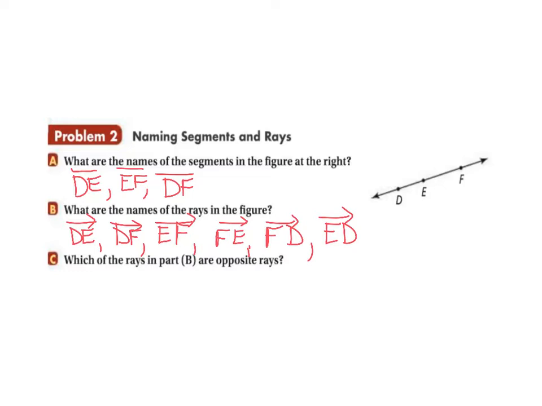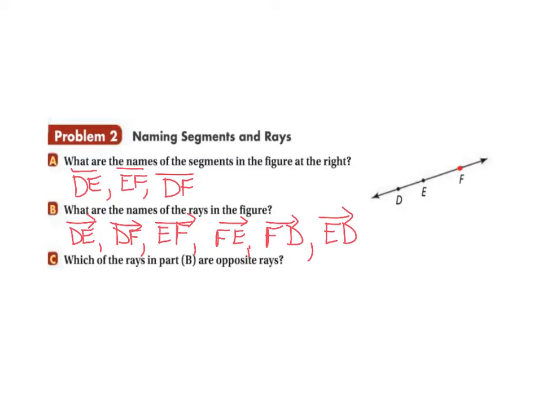Now, which of the rays in part B are opposite rays? Okay, well, opposite rays, remember, have the same endpoint and go in opposite directions. When I wrote D here, I never said I start at D and then go towards something, because I don't have another point.